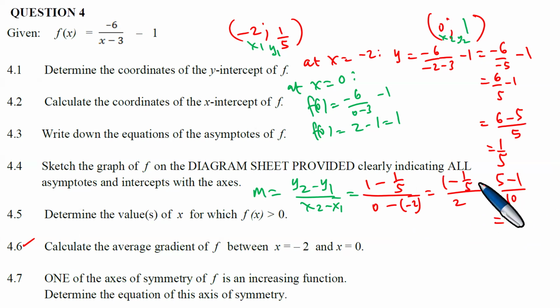You multiply the top by 5, the bottom by 5, giving us 4 out of 10. 4 out of 10 gives us 2 out of 5. Let's check this one. It is correct. So this means, therefore, that the average gradient is 2 out of 5.